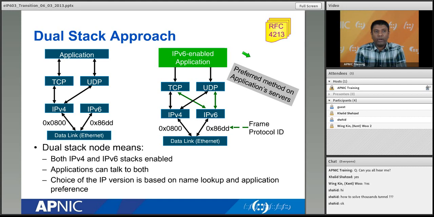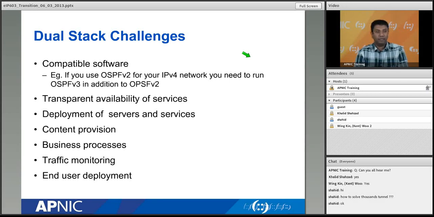There are some issues, so they select whichever transport works better in terms of latency, delay, and other things. In terms of layer 2, there is no big change, same data link layer, we can use Ethernet, right? The only difference is the frame protocol ID, V4 and V6, that's it.